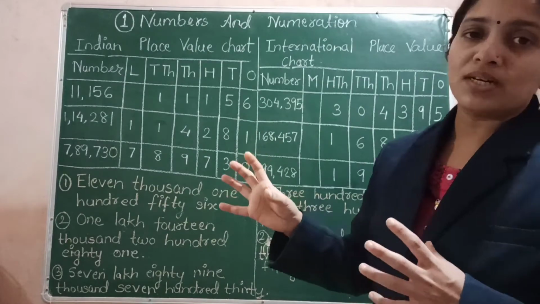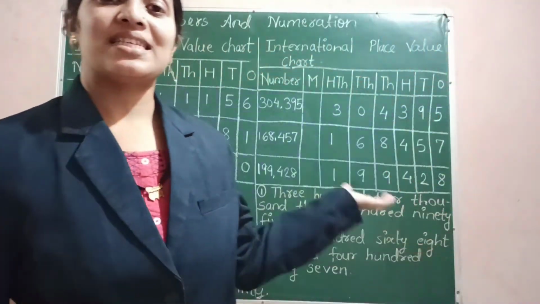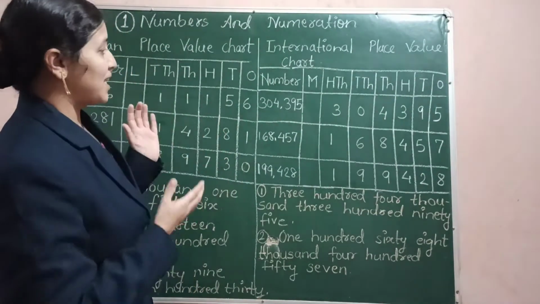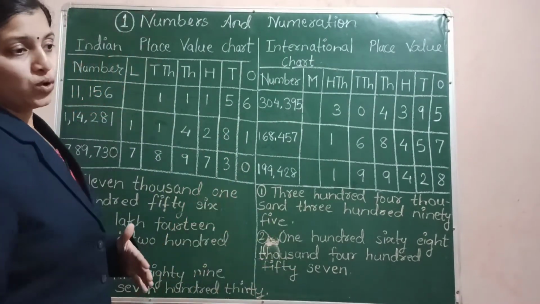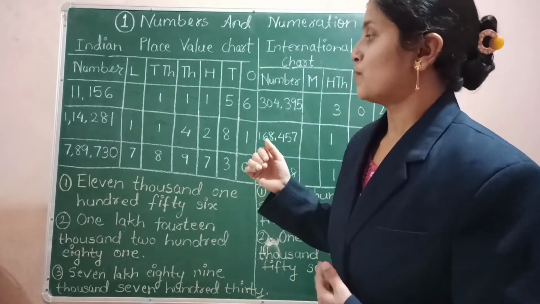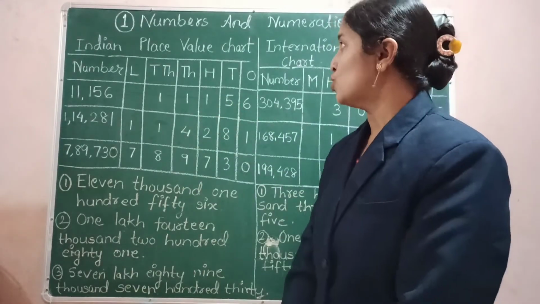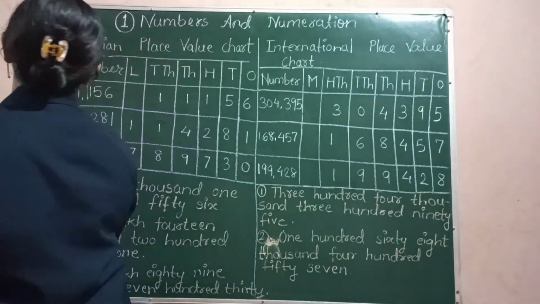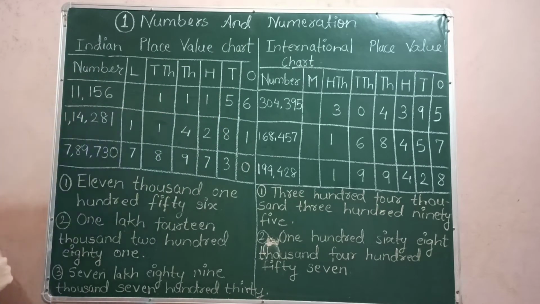So some numbers are taken and we are going to see how to place these numbers in their exact place values and also how to write these numbers in words, that is how to read these numbers. So first we will have a look at the Indian place value chart. So here you can see I have written the place values from the Indian place value chart.